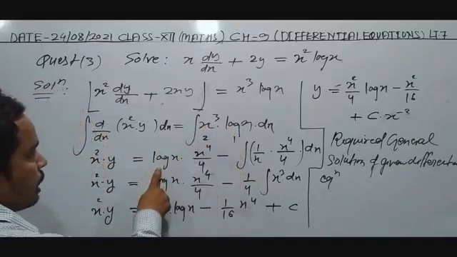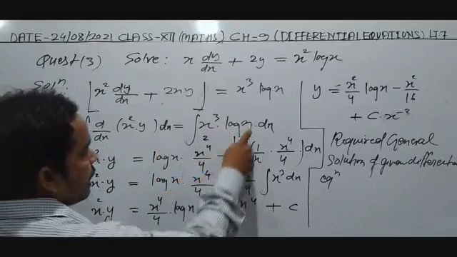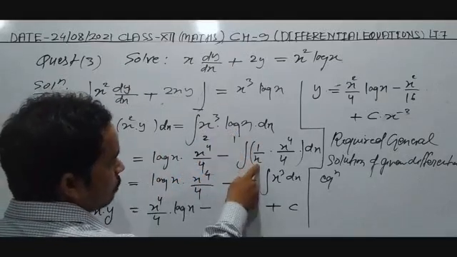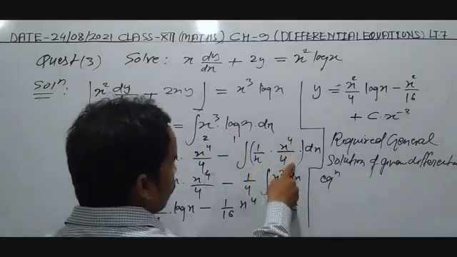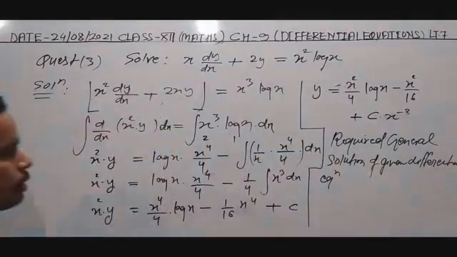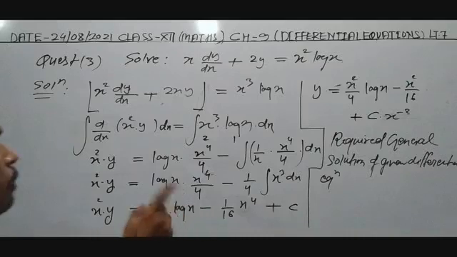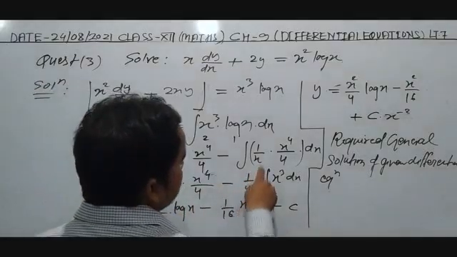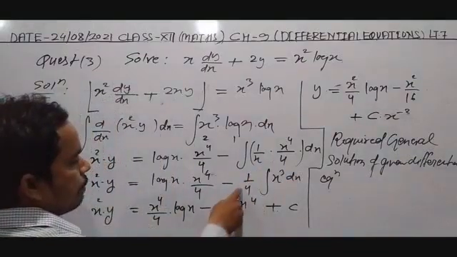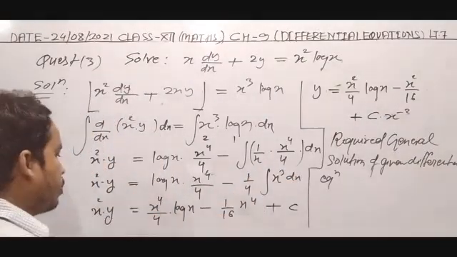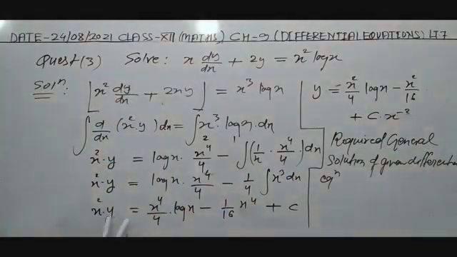So it is first function into the integration of the second function, minus the integration of d by dx of the first function, that is 1 by x, into the integration of the second function, that is x to the power 4 by 4. Now the x part will cancel out, the result will be x cube, and 1 by 4 will be outside the integral. So the integration of x cube dx is x to the power 4 by 4, and multiplying by 1 by 4 gives 1 by 16. So x square y is equal to x to the power 4 by 4 into log of x minus 1 by 16 x to the power 4.